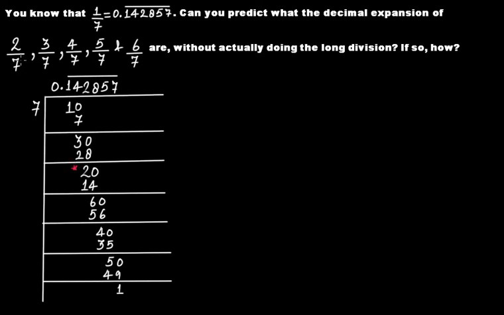When it is 2 by 7, you write 2 and then you divide by 7. It means 2, you put 0 here, your decimal comes here, then you go for 7 times 2.